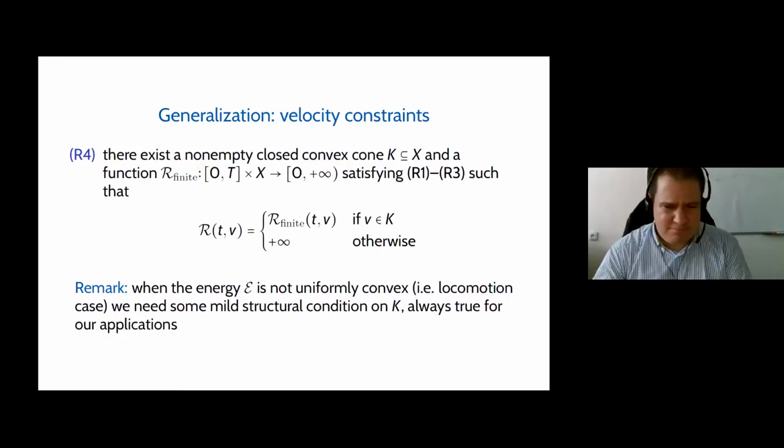If you are in the locomotion model, you have some very mild structural conditions on the cone K, but for applications they are always true. What is the relevance of velocity constraint? If you consider a system not moving in 1D, but moving on a plane, this allows you to have a discontinuity in dissipation.